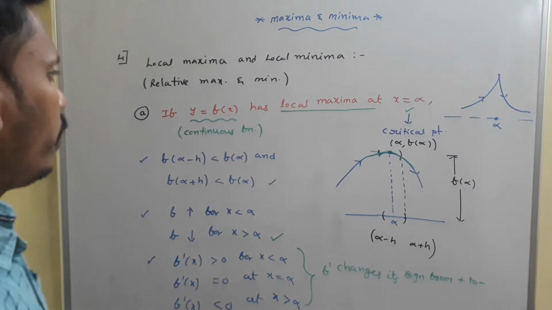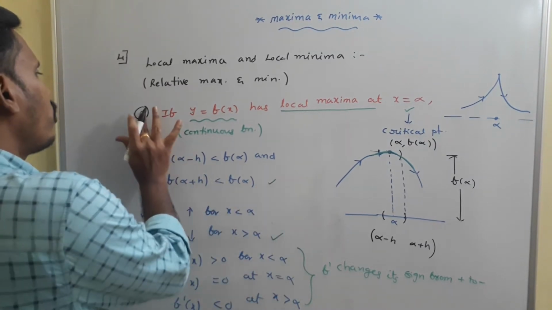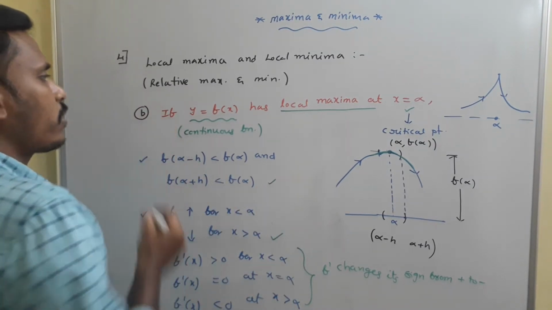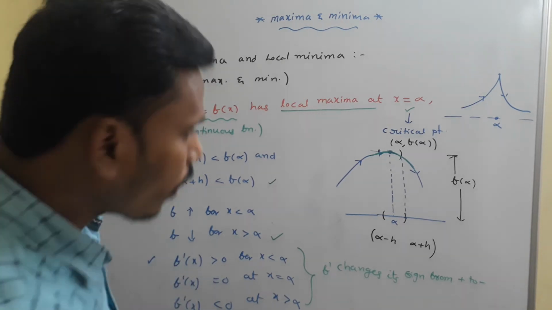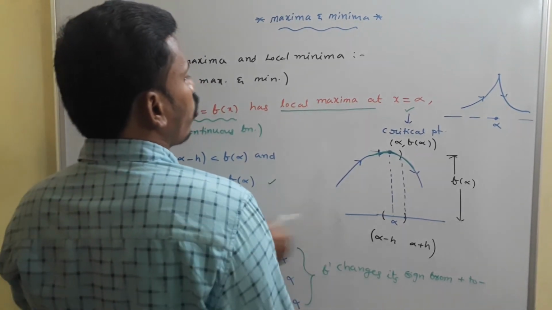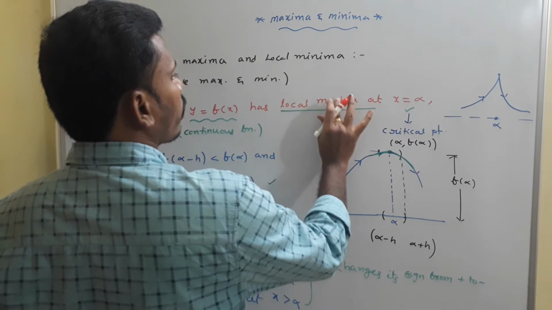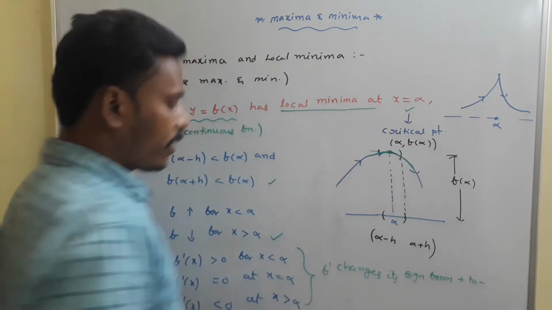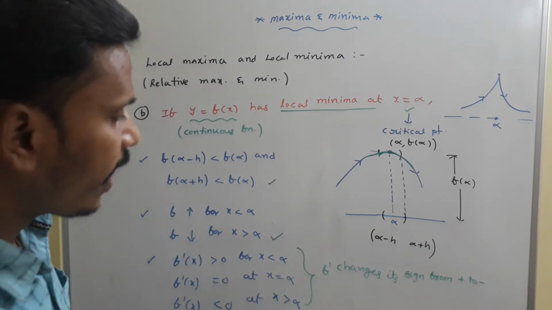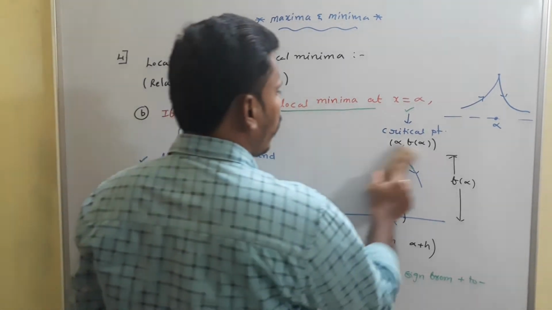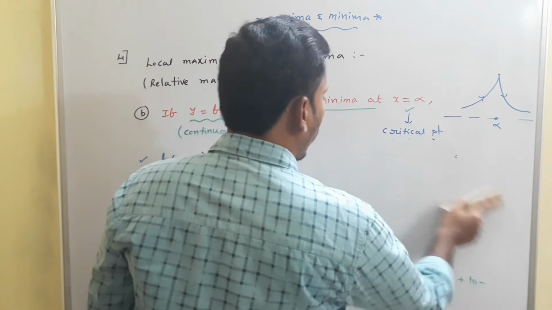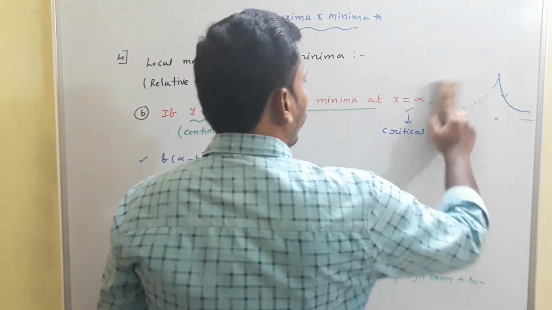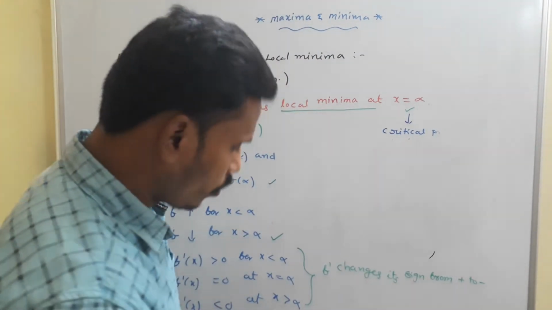Next thing is part B. Suppose y equals f of x has local minima at x equals alpha, what are the conditions? Local minima at x equals alpha, then what is the graph and how to derive the conditions? Since at x equals alpha we have local minima, the possible graph is like this. You just have a look.